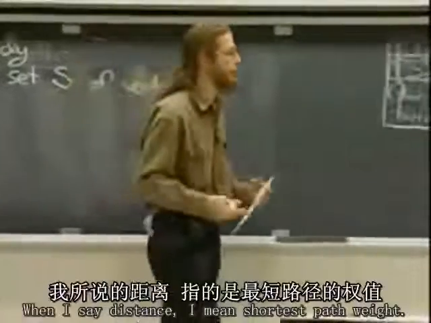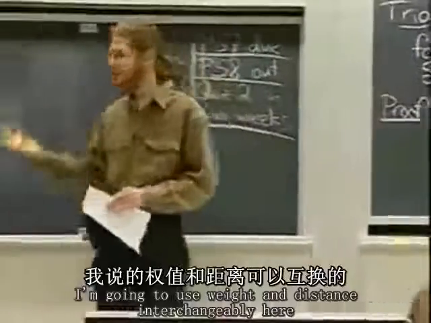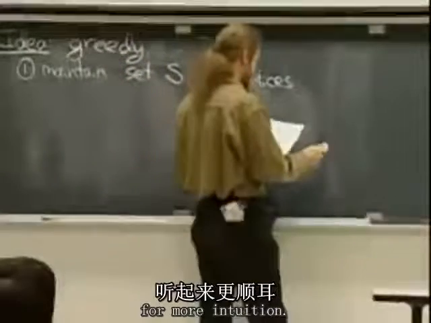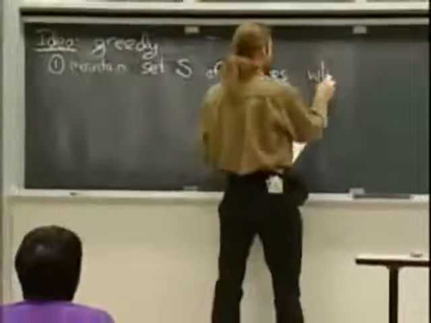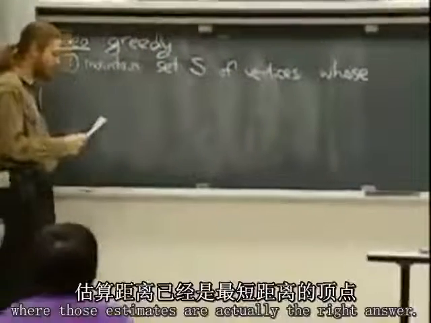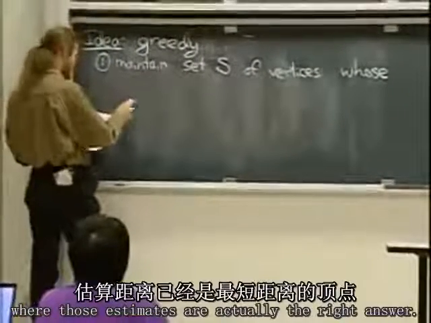When I say distance, I mean shortest path weight. I'm going to use weight and distance interchangeably here for more intuition. And in particular, I want to maintain the set of vertices where those estimates are actually the right answer.